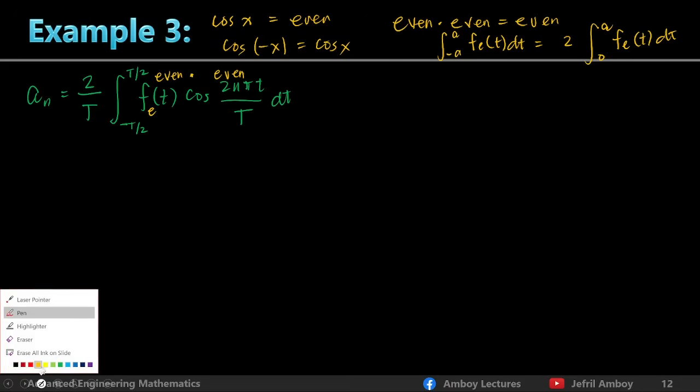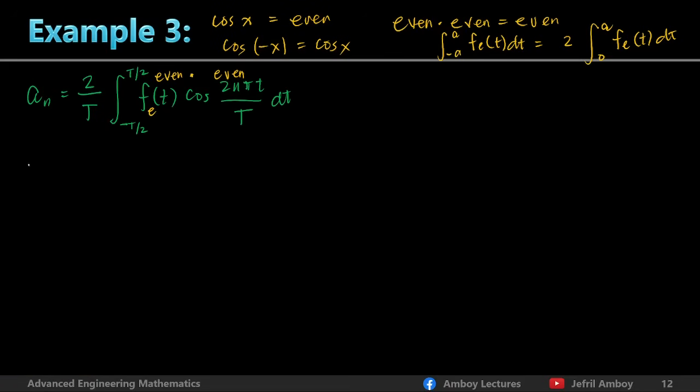At gumawa tayo ngayon ng generalization. That for even functions, ano na ngayon? Ang gagamitin nating formula para sa an. An is now equal to, itong 2 na to, imumultiply ko ng 2. So, magiging 4. 4 over t times the integral of, instead of integrating from negative t over 2 to t over 2, mag-integrate na lang tayo from 0. No?